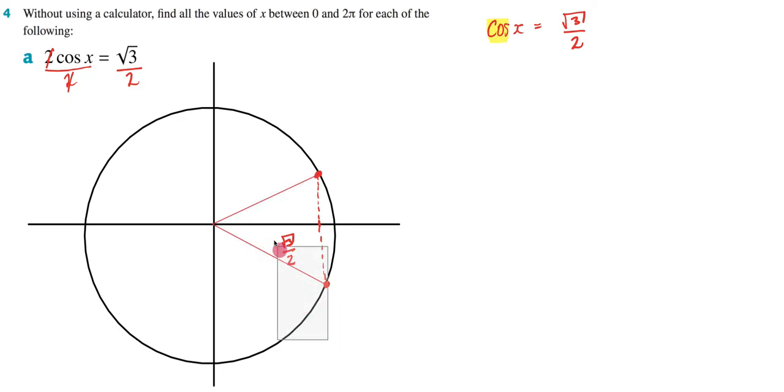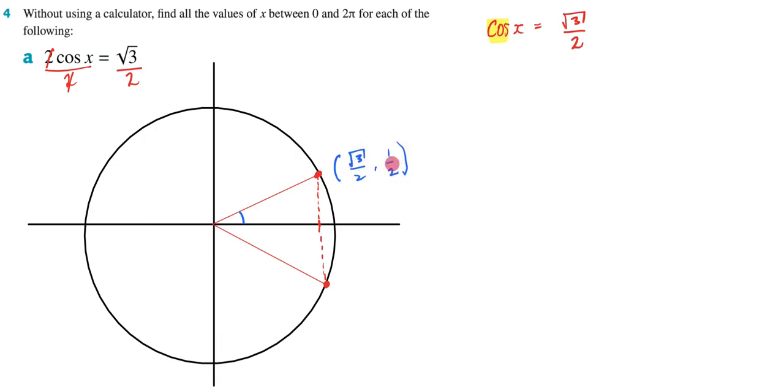Let me get rid of this, it looks a little messy. We know that that's the square root of 3 on 2. So now what I'm trying to find is this angle, and then this angle. First things first, what's this angle going to be? Well, because we've memorized our unit circle, we know that this point here is going to be the square root of 3 on 2 and 1/2.